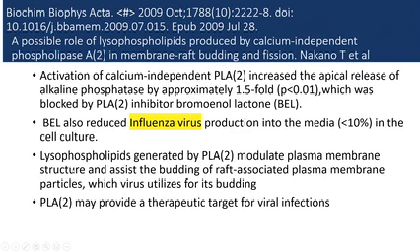And so the article summarizes that PLA2 may provide a therapeutic target. In other words, this is the vulnerable point of a lot of viruses, and so this may be a way to stop it.